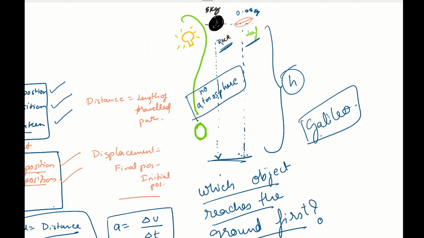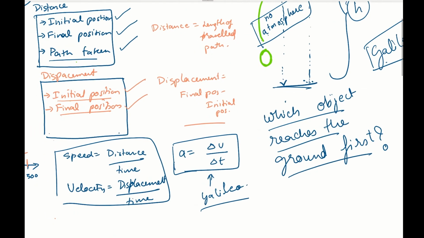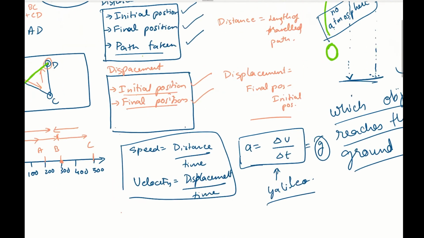Initially, it was believed that any object that falls has a constant velocity. However, it was Galileo who understood the motion of objects in the right manner. He said it is not the velocity that remains constant, it is the change in velocity that remains constant. He coined the term acceleration for the change in velocity. And of course, when an object falls, the acceleration is the gravity.